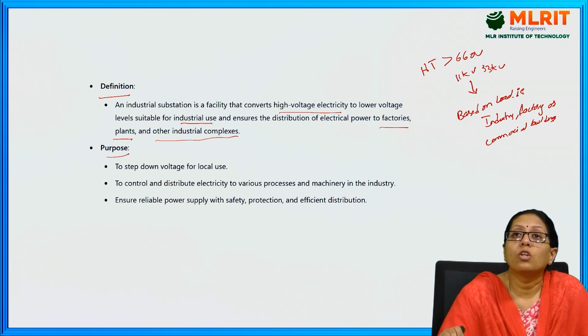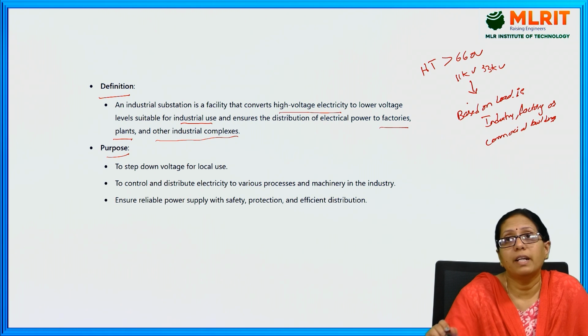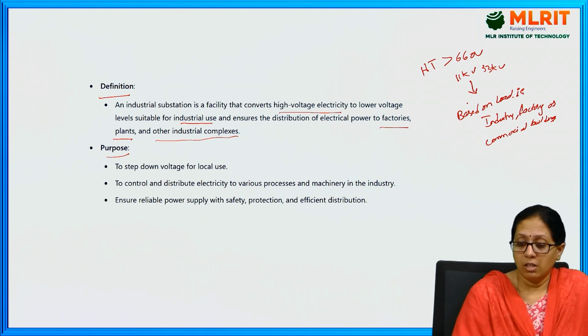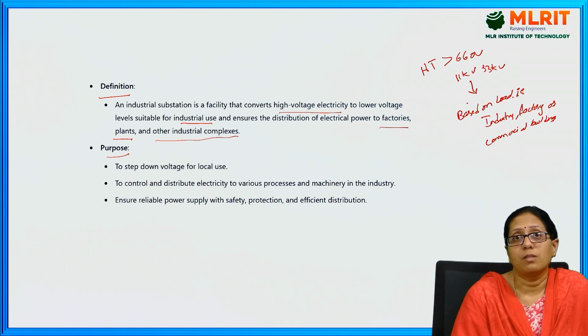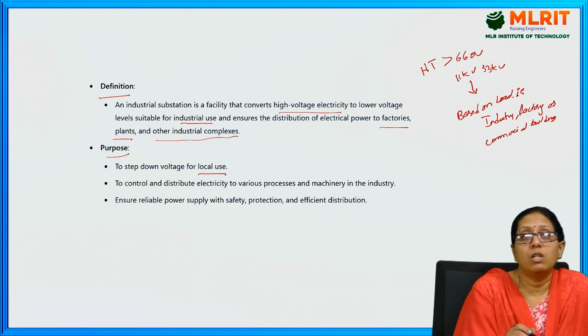So based on the voltage level of the load, the voltage is reduced from 11 kilovolts or 33 kilovolts by using a step down transformer, and that particular voltage is connected to the loads, that is consumers, that is industries or factories. So the purpose of this industrial substation is to reduce the voltage level based on the local use.